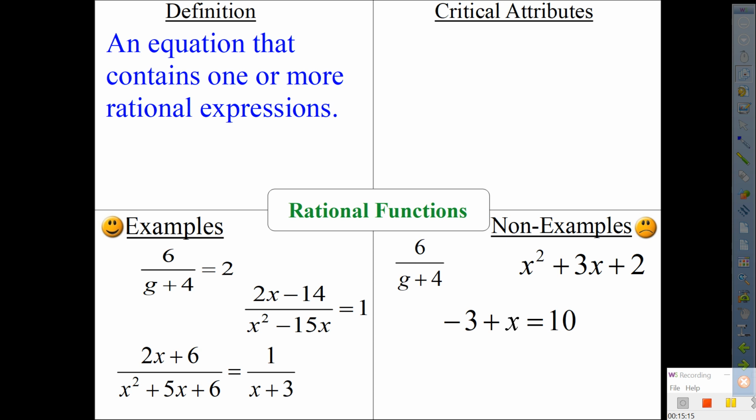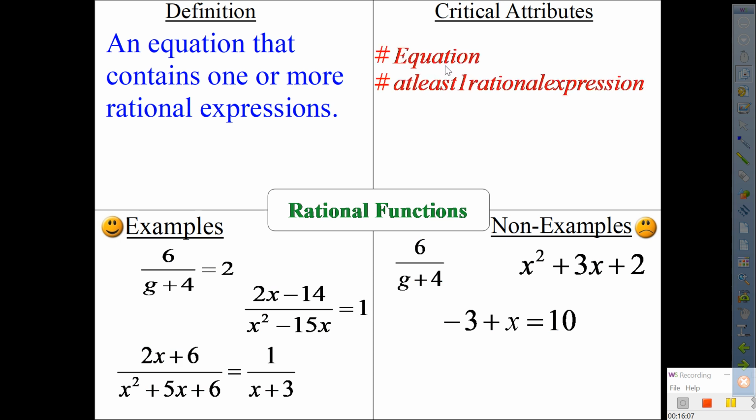All right, let's see. Lenny, the first two, why are these not rational functions? They aren't equations. How about this last one, Pamela? No fraction. Yes, that is correct. So, start off, hashtag equation, and then hashtag at least one rational expression.